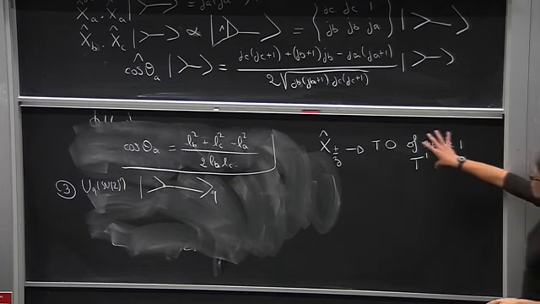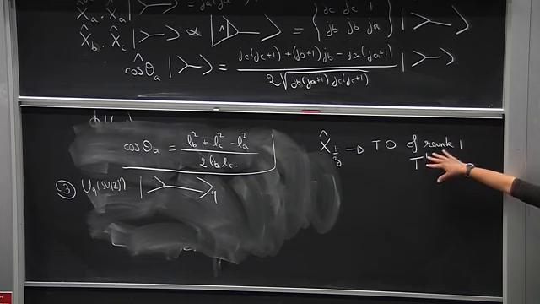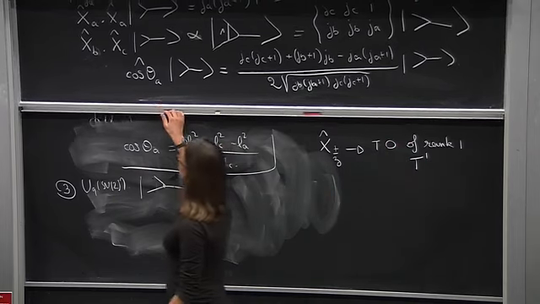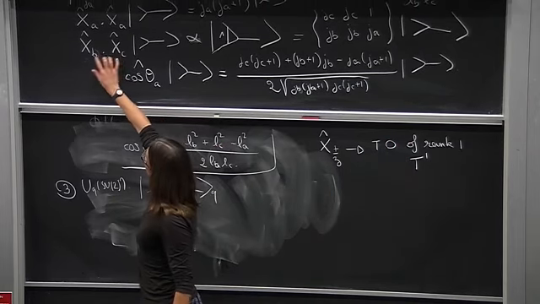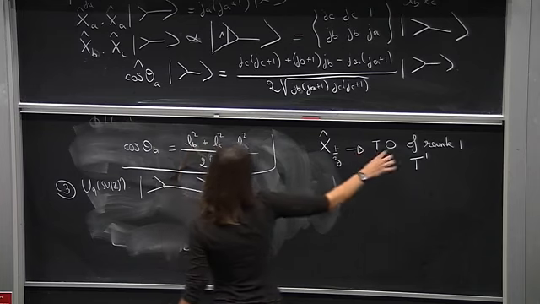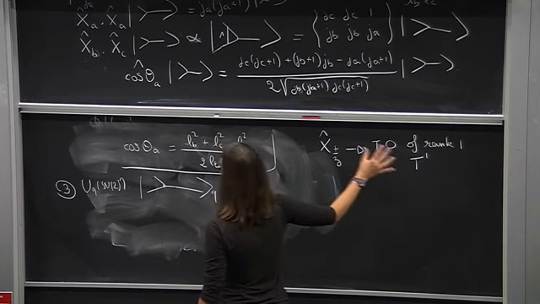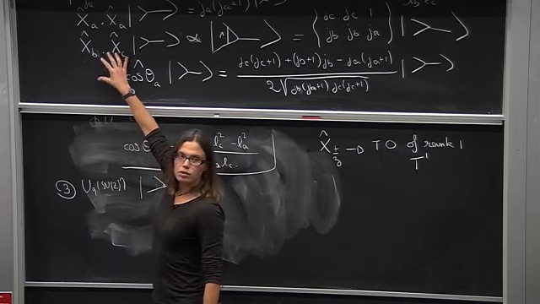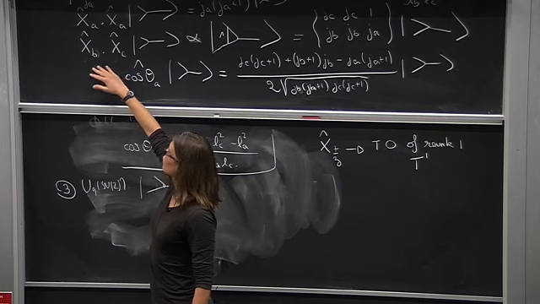That means this object is transforming as a vector, in fact, under the action of SU2. And what I call here the scalar product is just the fact that from two vector operators, I'm doing a scalar operator, which is invariant under SU2.